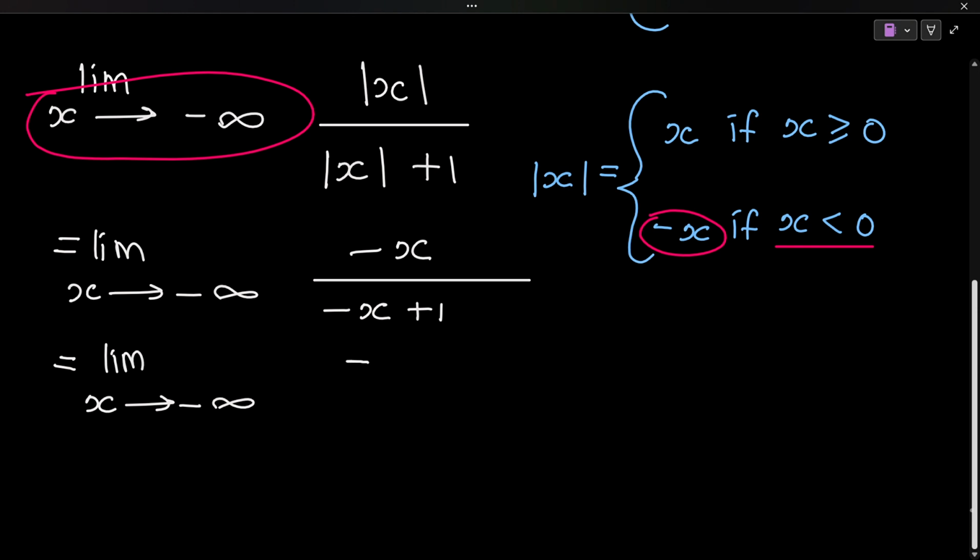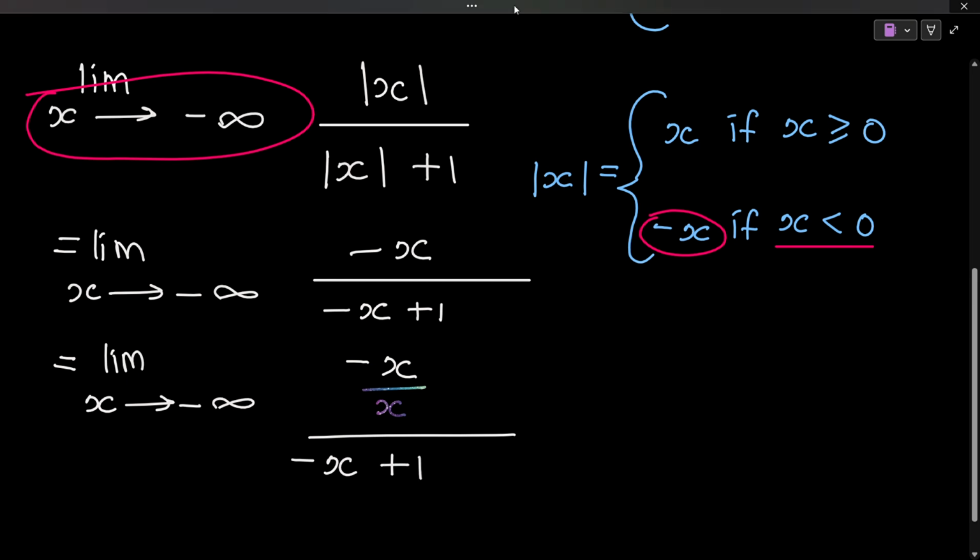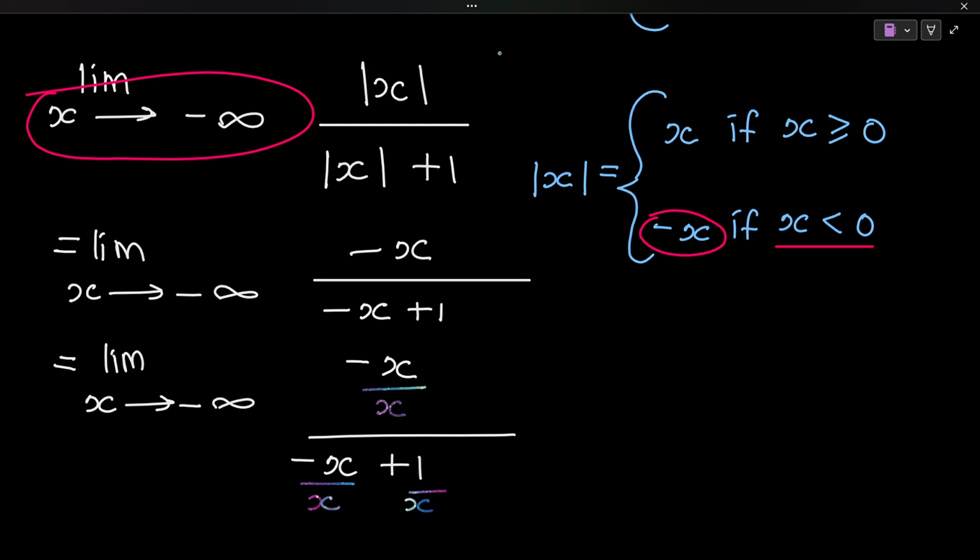So in the numerator, we have negative x being divided by x. And in the denominator, we are going to have both of those terms being divided by x. Now also notice that we are just dividing by x. We are not dividing by the negative that was in front. Okay, so you're not dividing by the coefficient. It's just the variable itself.